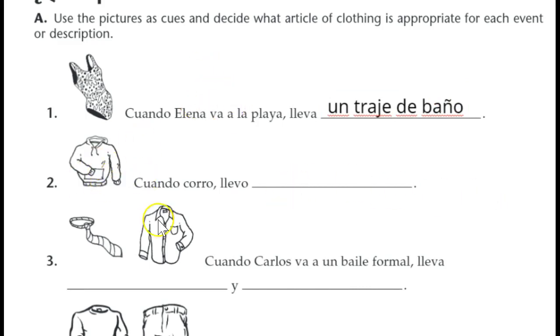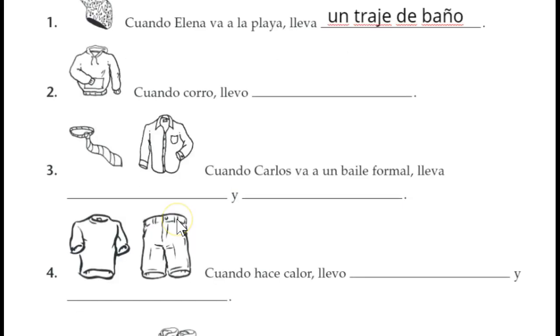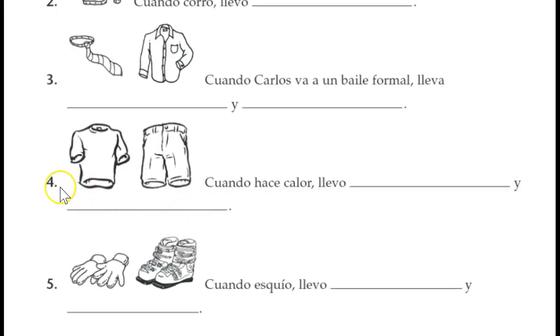Make sure you know these basic vocabulary items for clothing that you had last year. A jacket would be chaqueta or suéter. Here you have a corbata, a tie, una camisa, una corbata, a shirt and a tie. Cuatro camisetas, a t-shirt, una camiseta.